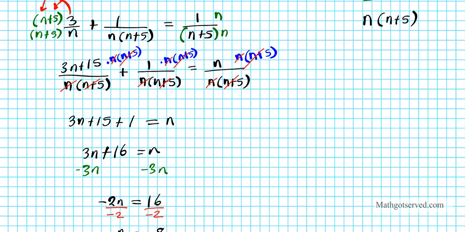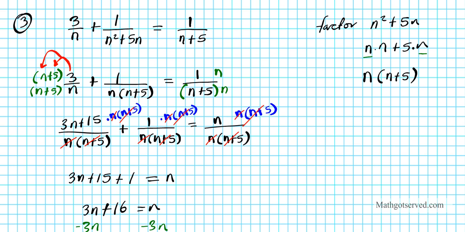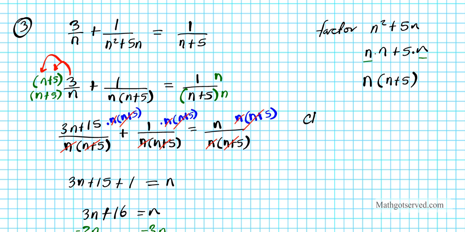Alright? So the question is, is this answer right or wrong? Well, what we're going to do is plug it into the original question and check to see if we end up with a true statement, okay? We're going to plug in negative 8 for n. Alright, so let's go ahead and do our check. So for our check, we're going to test n equals negative 8.